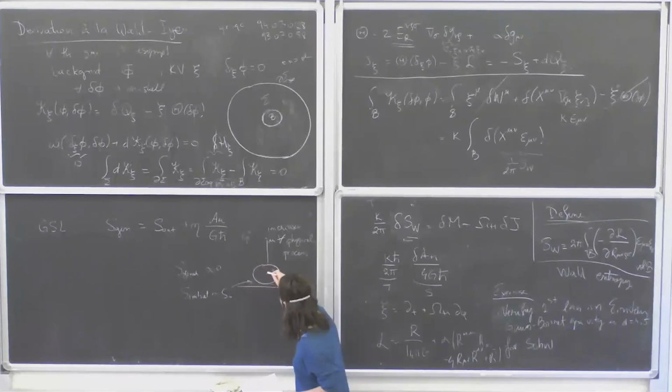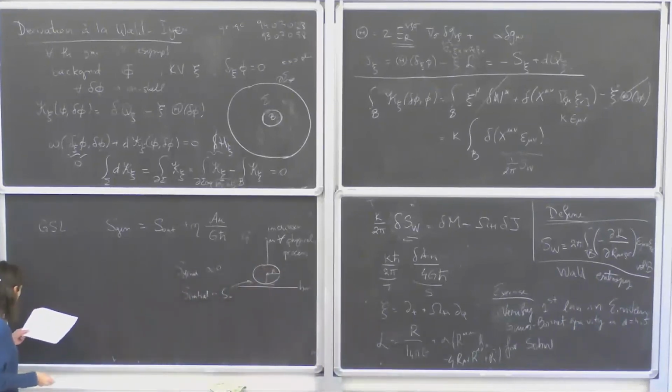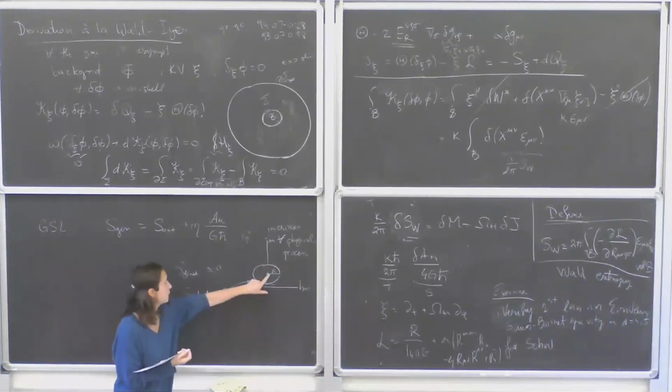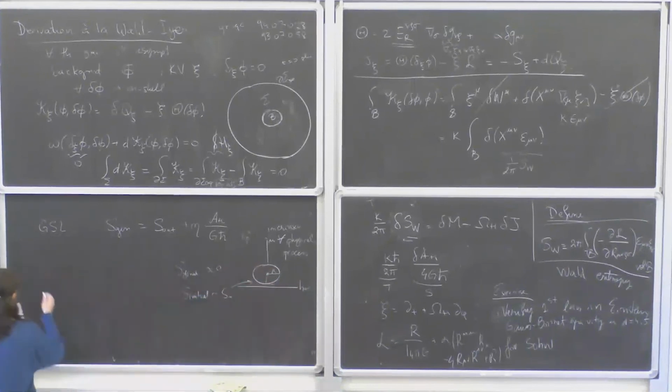You're dropping it from this height, and let's suppose you're in the Schwarzschild space-time. So there's some sort of associated Schwarzschild coordinate. So this r is sort of the proper size of the object.